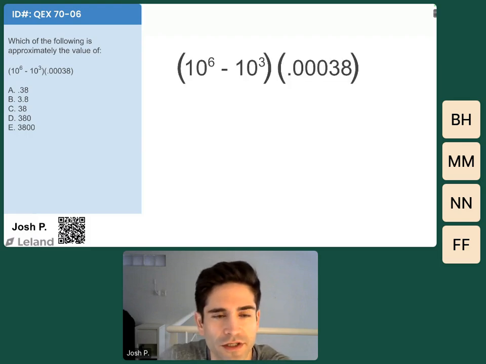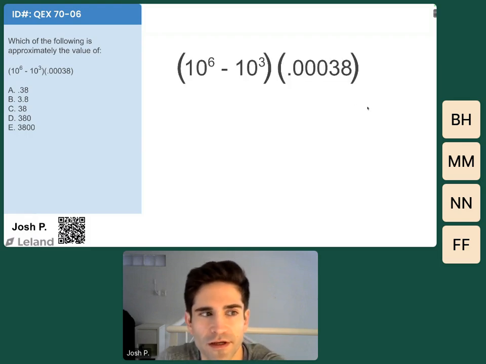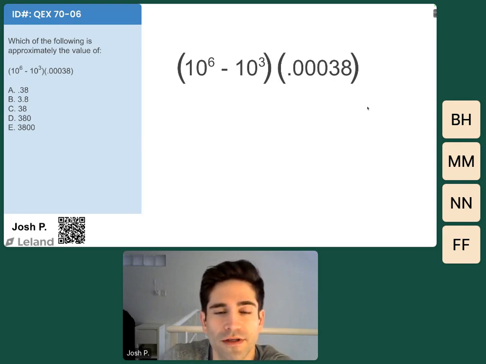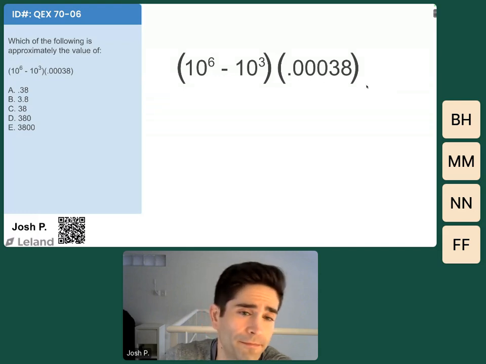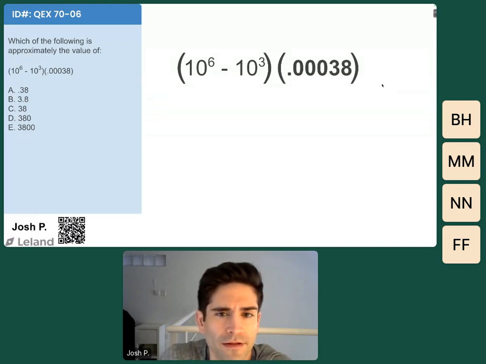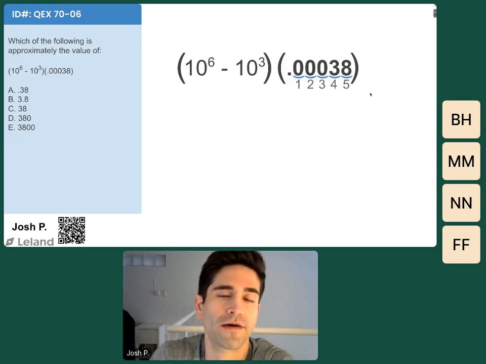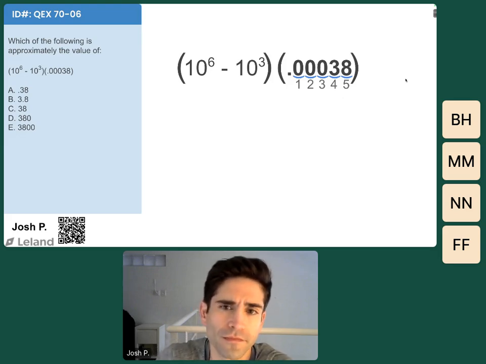All right, so this is the operation we must do: 10 to the sixth minus 10 to the third, times 0.00038. Now I want to focus on this decimal right here first. The decimal has 1, 2, 3, 4, 5 spaces to the right of the decimal point.